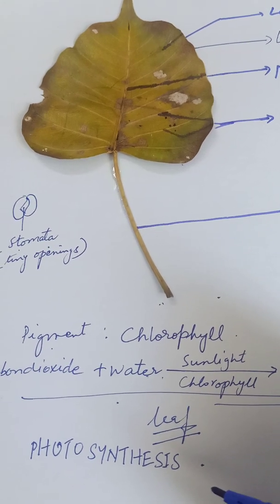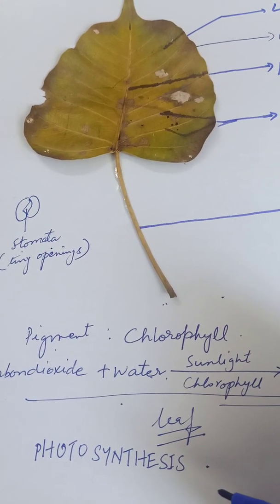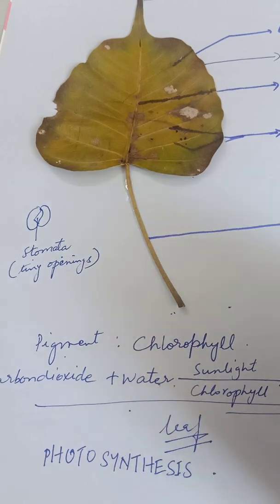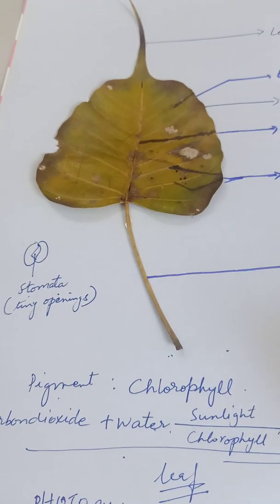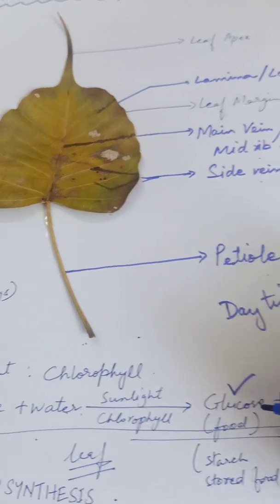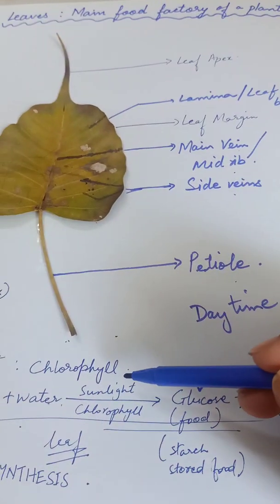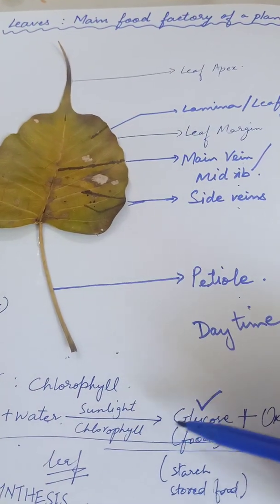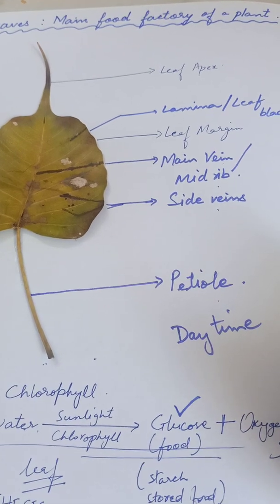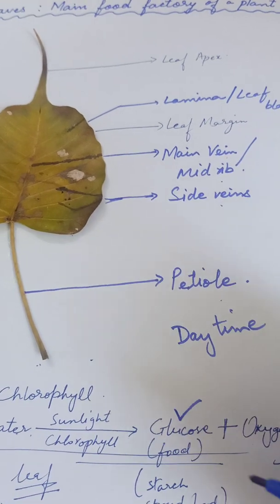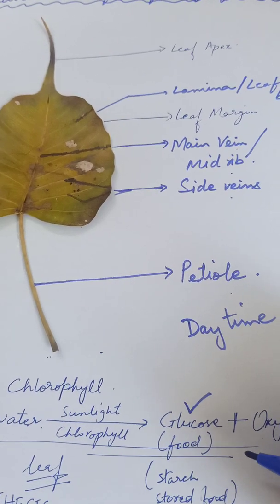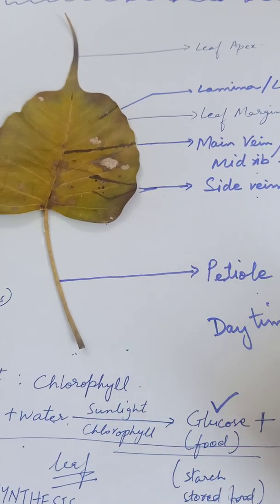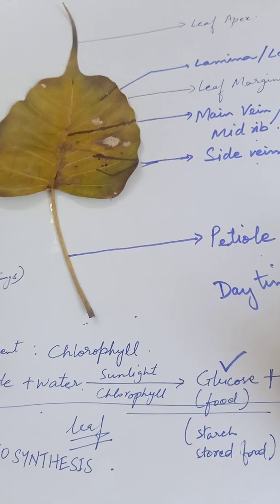What is it known as? Photosynthesis. That is the process by which green plants make their own food in the presence of sunlight and chlorophyll. They give out oxygen during this process. Glucose which is formed here, if stored, is known as starch, which I will be talking about in the next topic also.